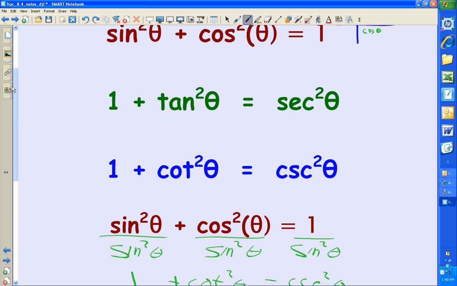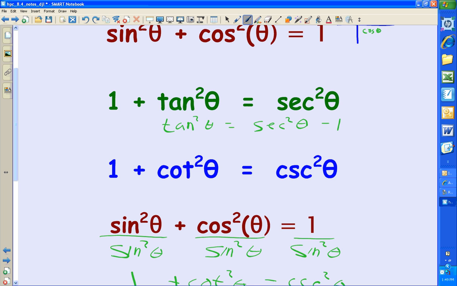In the most obvious way. What else would be true if this is true? Secant squared. Okay, so tangent squared theta would equal secant squared theta minus 1. What else would be true? It wouldn't be equal to 1, it would be equal to -1, but let's not use that one necessarily, although that's not a bad one to have.